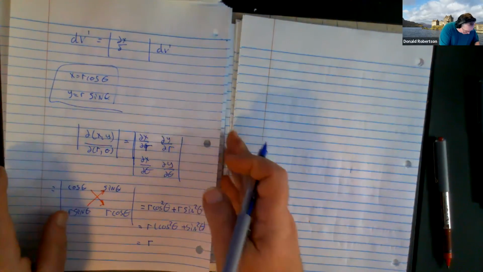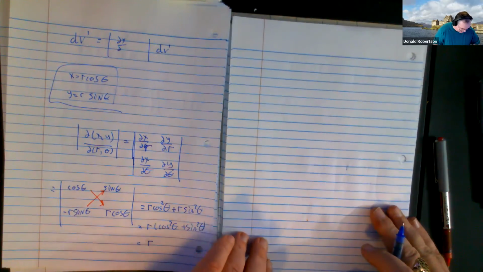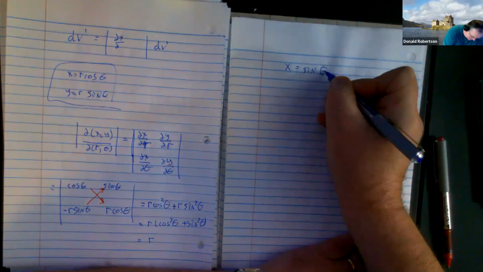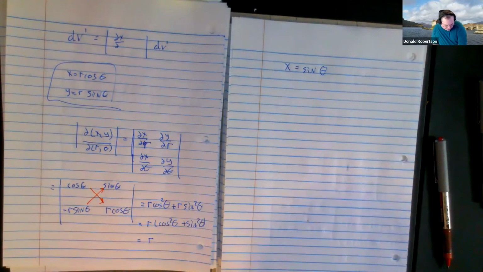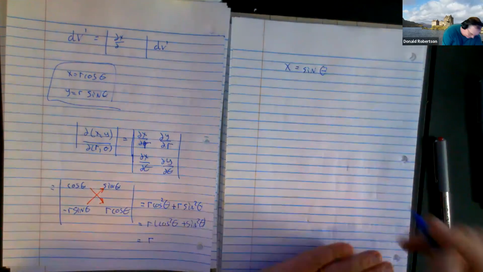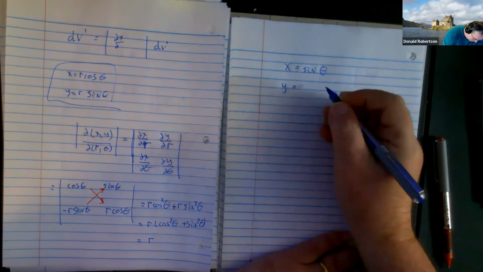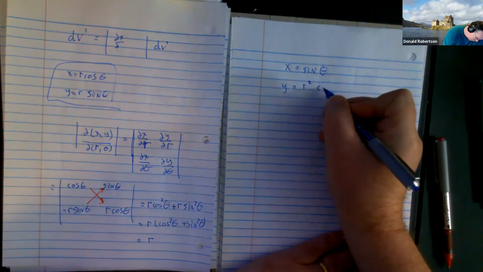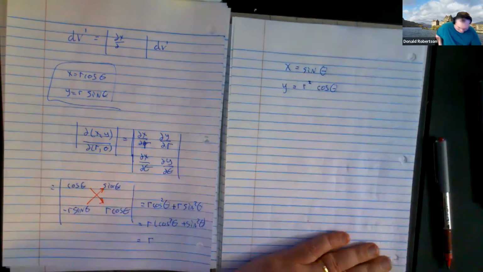So let's make up our own pretend coordinate system. I've decided that in my coordinate system, the x coordinate is going to be sine theta, and the y coordinate is going to be r squared cos theta.